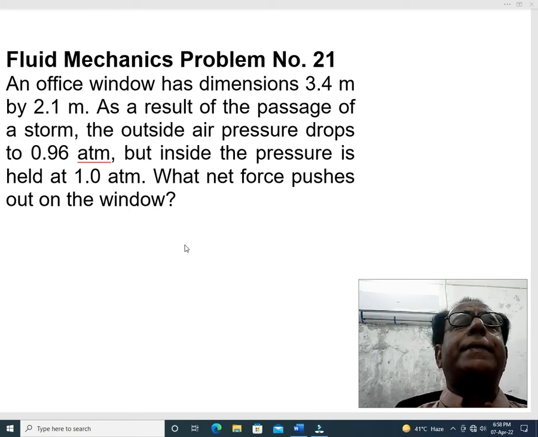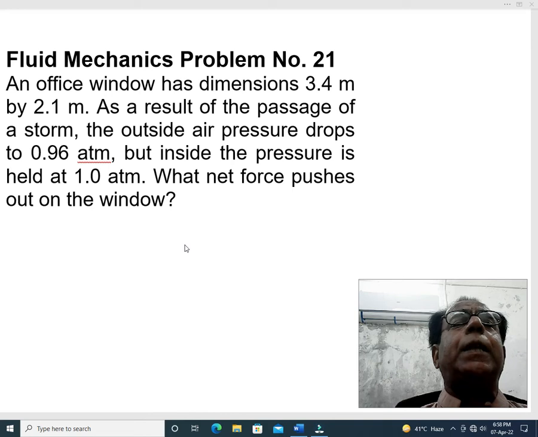While two pressures are given, one is the pressure inside the room and the other is outside. So dear students, when net force comes under consideration, then definitely net pressure comes under consideration.